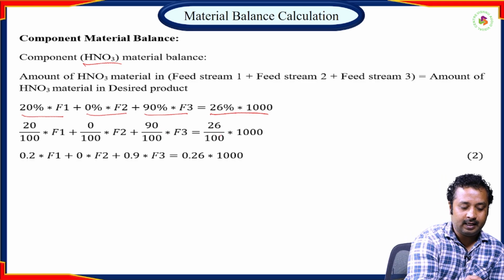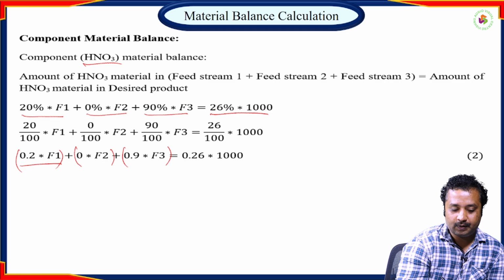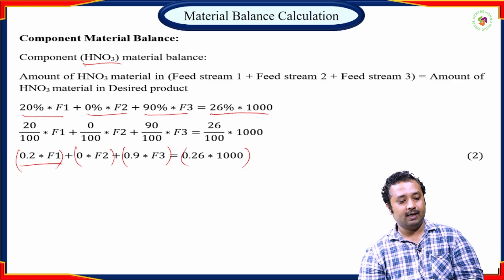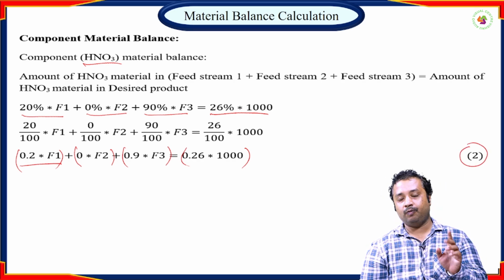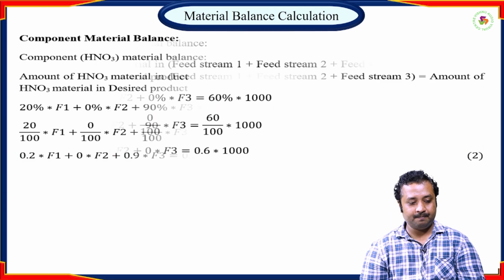We can simplify it as 0.2 into F1 plus 0 into F2 plus 0.9 into F3 is equal to 0.26 into 1000. This is called the component balance of HNO3. Let us consider this equation 2. Equation 1 is the overall material balance, and equation 2 is the component material balance of HNO3.